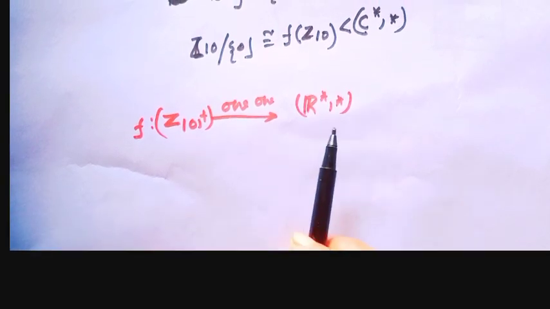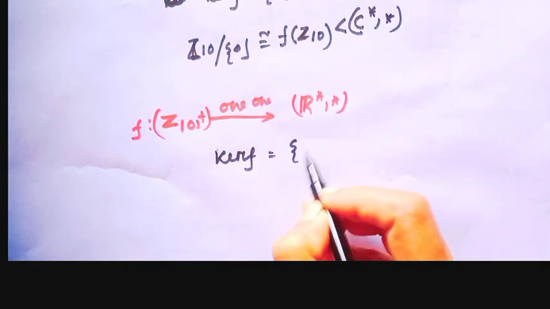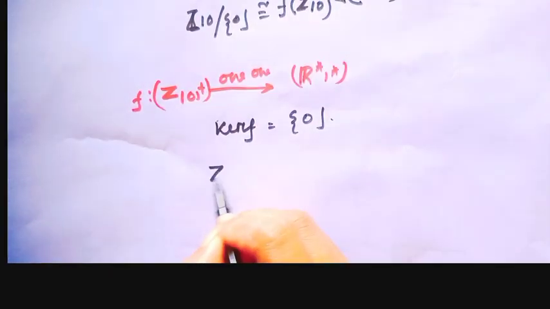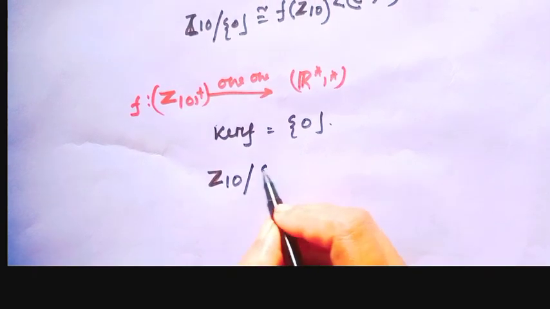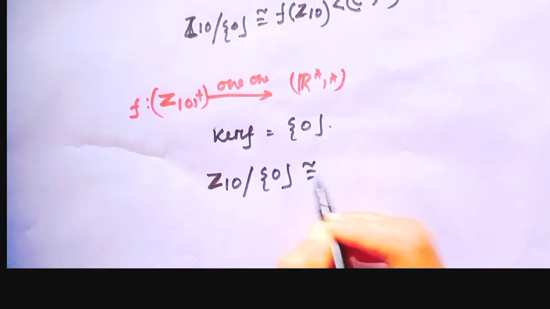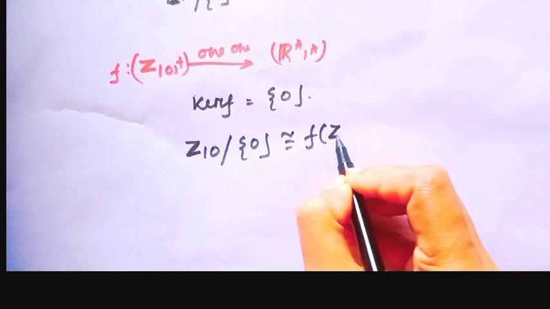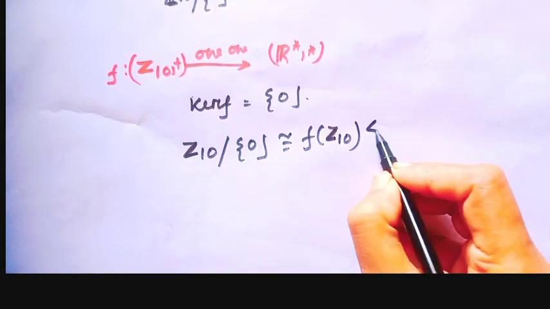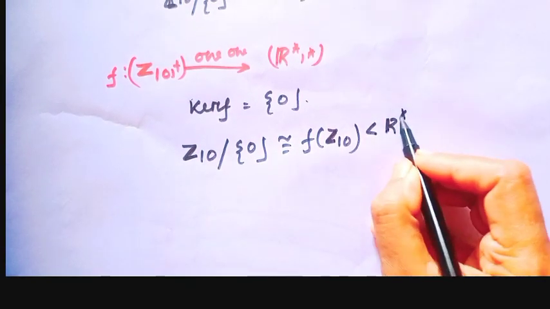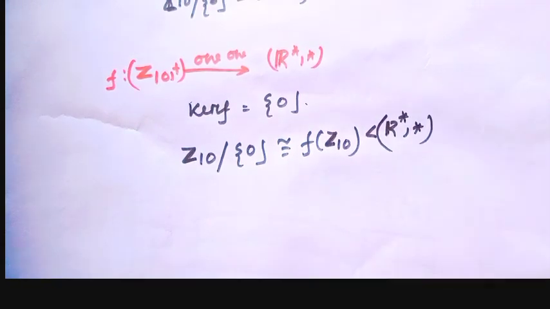Okay? Alright. But if you consider the mapping f from Z10 under addition to non-zero real numbers under multiplication, is this function one-one? Since it is one-one, the kernel of f is always the singleton set 0. Then Z10 mod the singleton set 0 is isomorphic to f(Z10), which is obviously a subgroup of R star under multiplication.